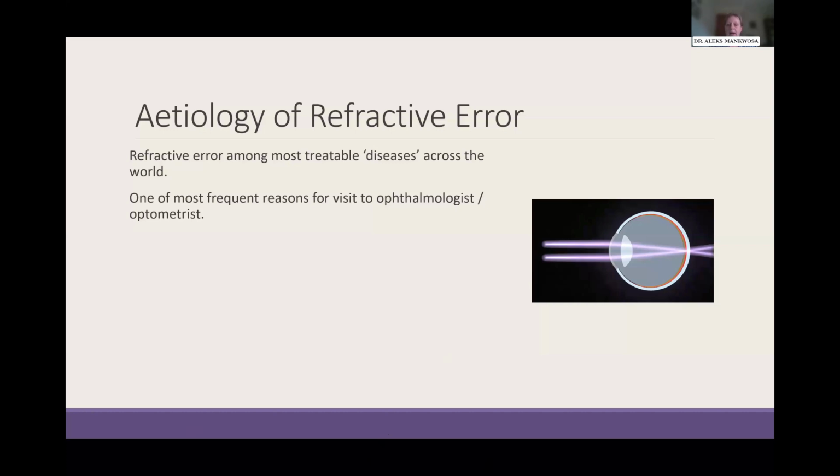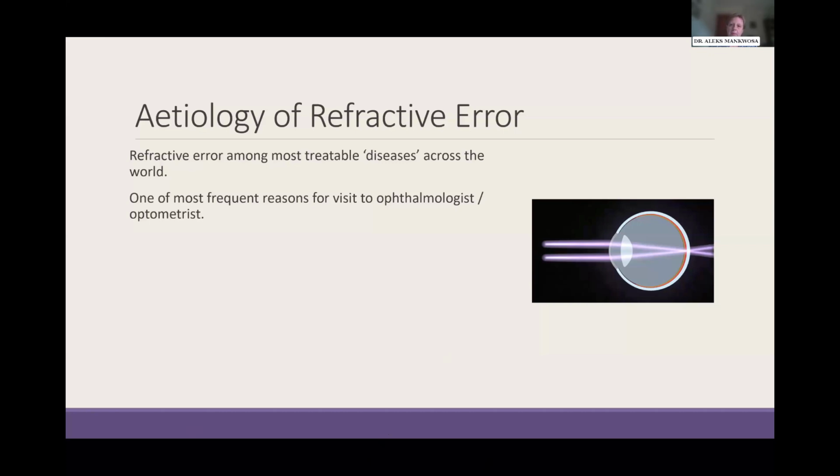It is what we call our bread and butter. Any investigation of any eye condition should start with a measure of how well the patient can see. And usually the most common reason for reduction in vision will be refractive error.